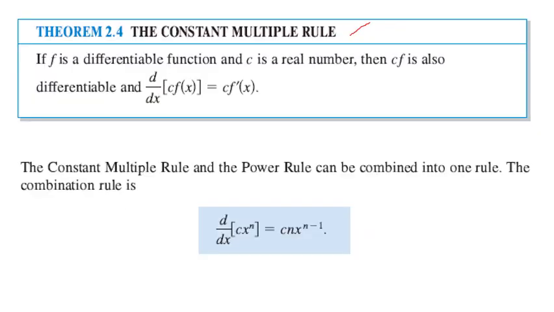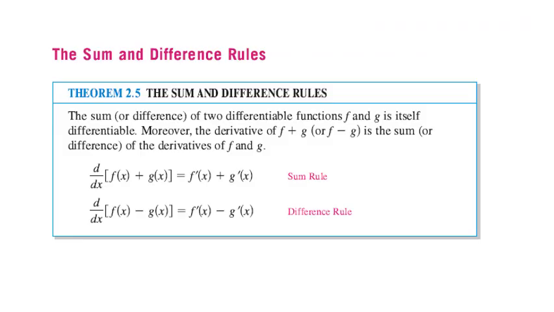Then there's something called the constant multiple rule, and these may look a little bit intimidating, but as we use them this week and over the course of the next few weeks, you will find that they're actually rather simple and they make our lives so much easier. We will also learn that we can find the derivative of polynomials simply by adding together each individual derivative.